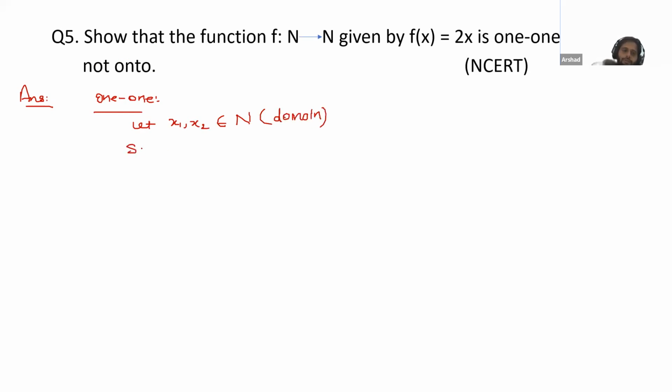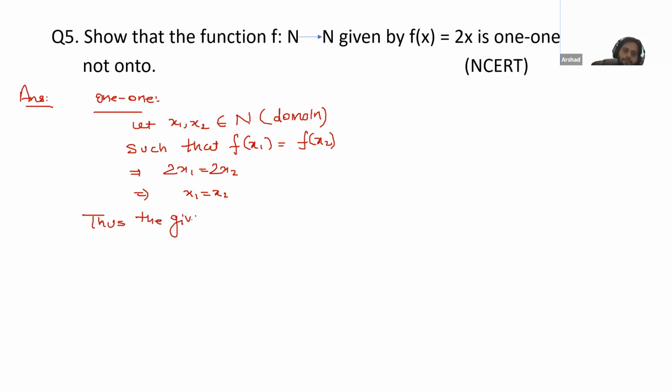Okay, such that f(x1) equals f(x2). So this means 2x1 is equal to 2x2. So this implies x1 is equal to x2. Thus the given function is 1-1.